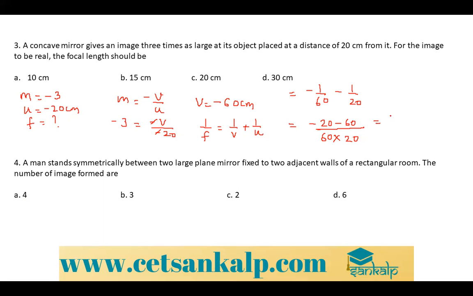So it is -80 divided by... so F is equal to -120 divided by 8. 120 divided by 8 andre it is 15. So -15, so option B.